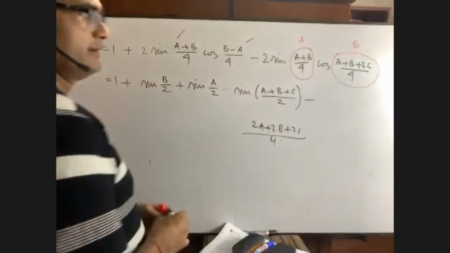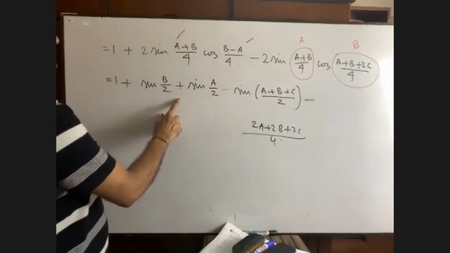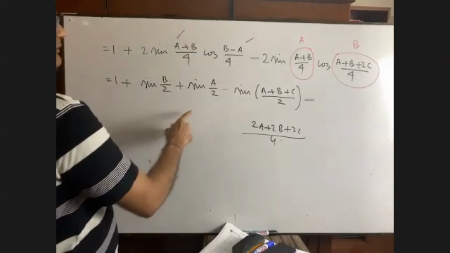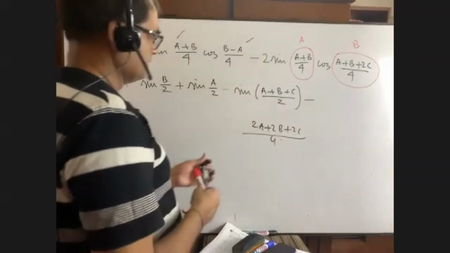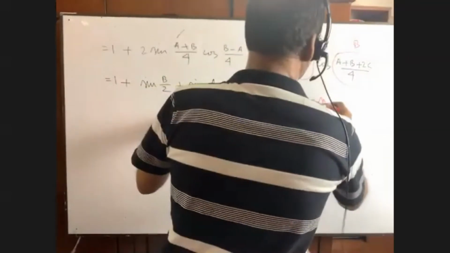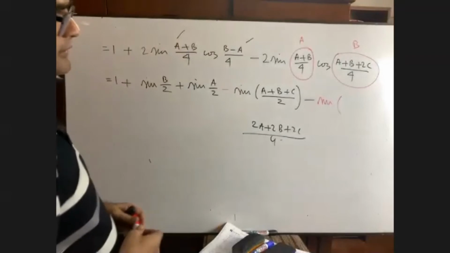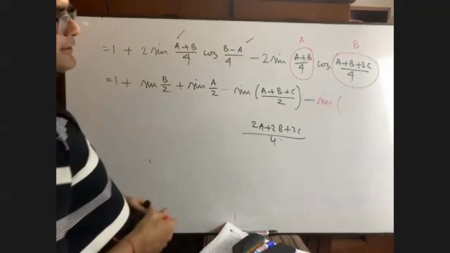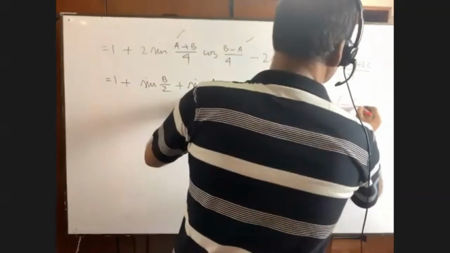In the formula we have plus, but as it is minus here, I am giving the minus sign. Then please tell me what will be? 2C by 2, so minus C by 2.